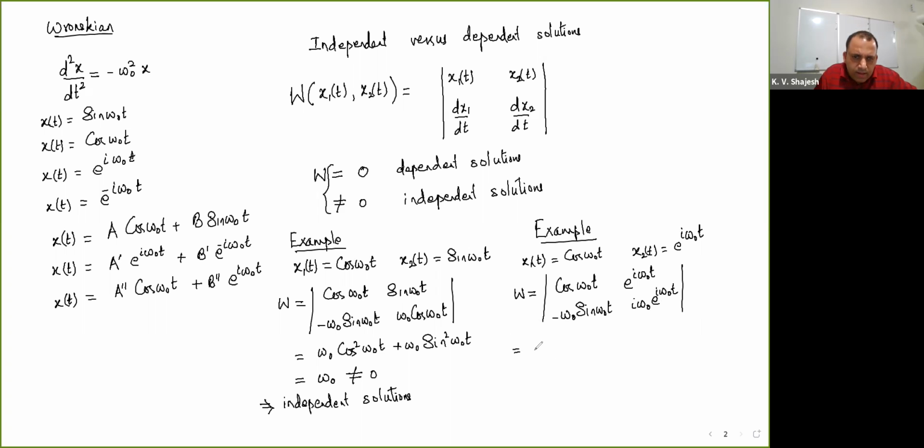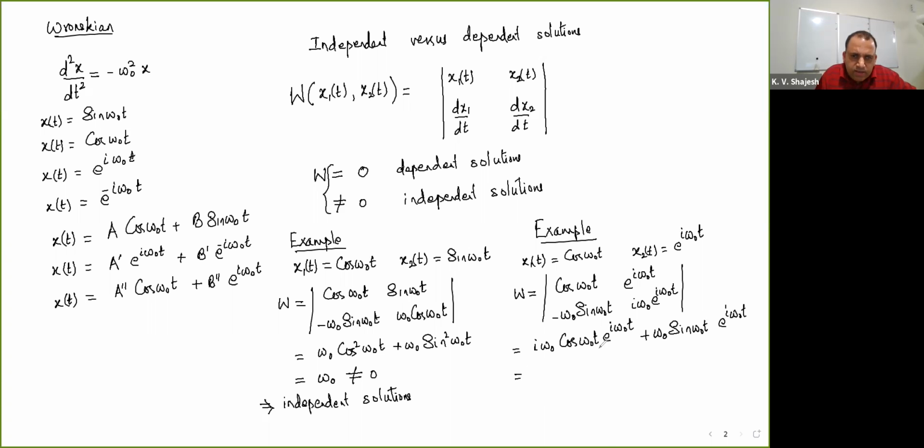So that's I times omega naught times cosine omega naught t times exponential of I omega naught t. And again, you get this plus. I have to take the product here, so that's plus omega naught times sine omega naught t times exponential of I omega naught t.